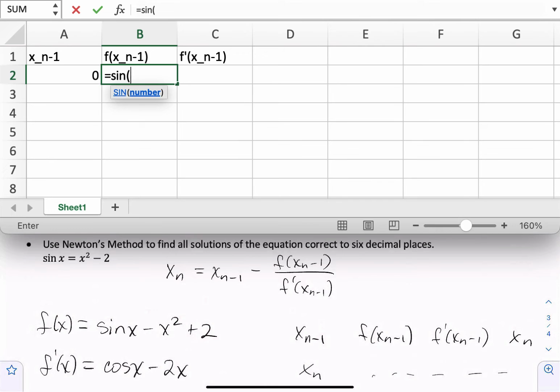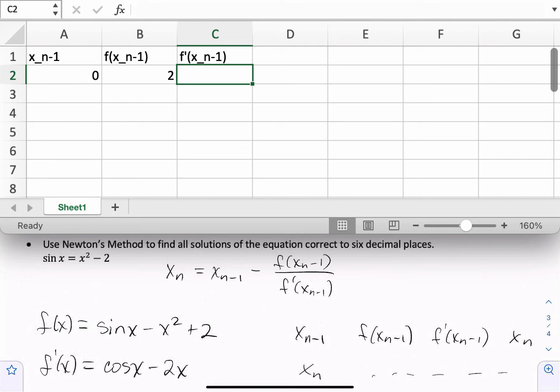It needs an argument, so parentheses. Then I'll click the cell to the left, in the parentheses, minus x squared. So click it again, shift 6, 2, that gives me x squared, and then plus 2. Now I have a function output.